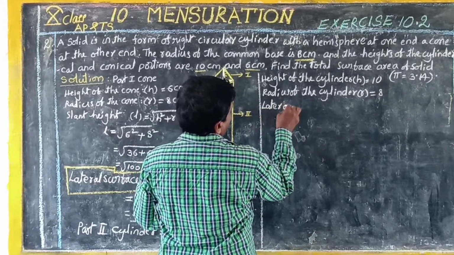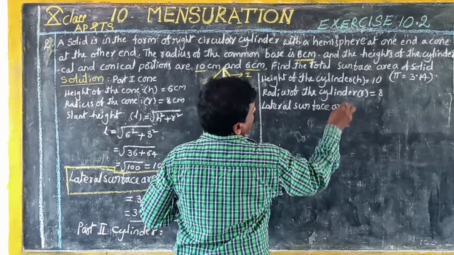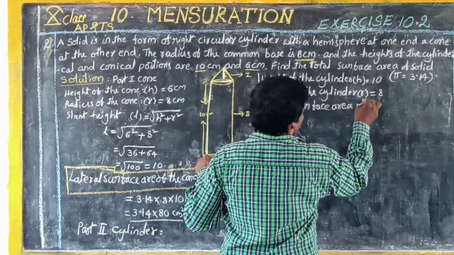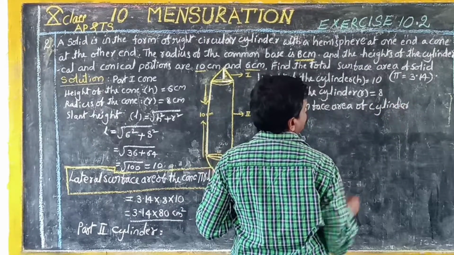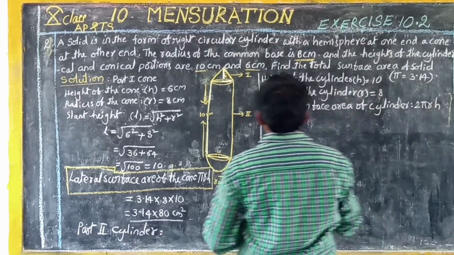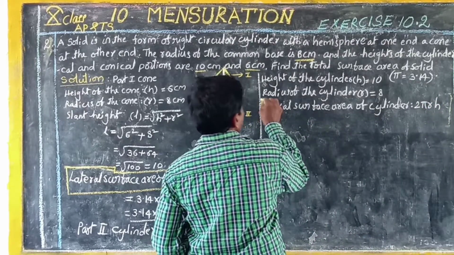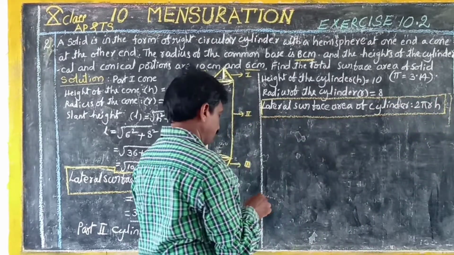Lateral surface area of the cylinder is 2 pi r h. This is the formula.